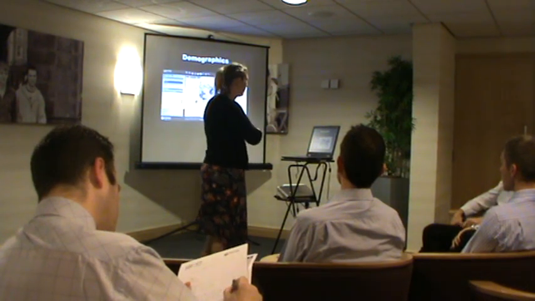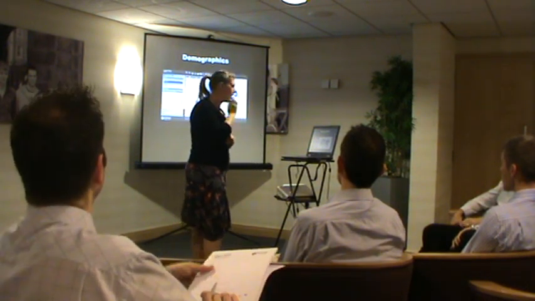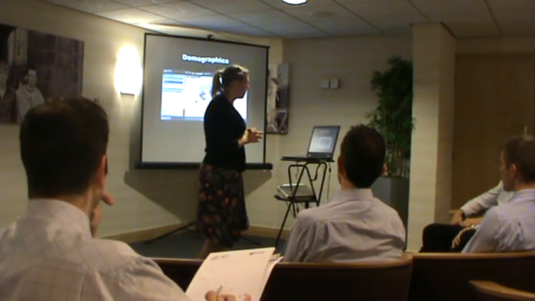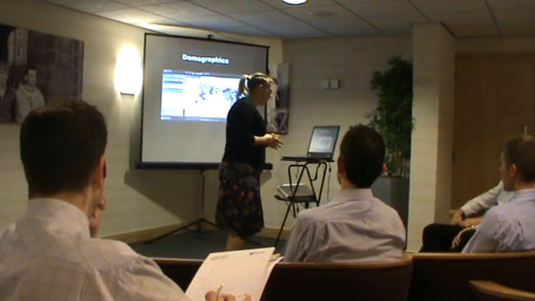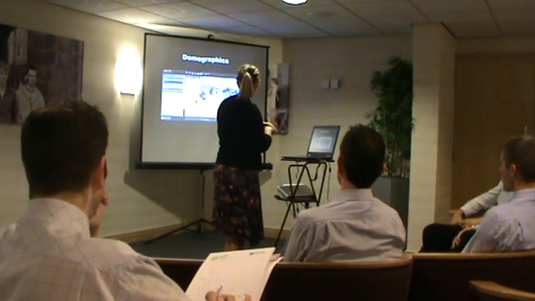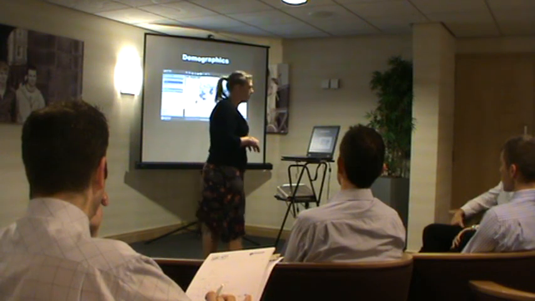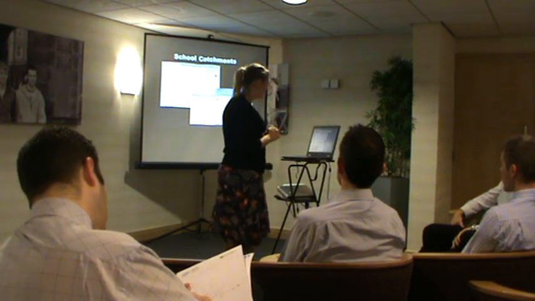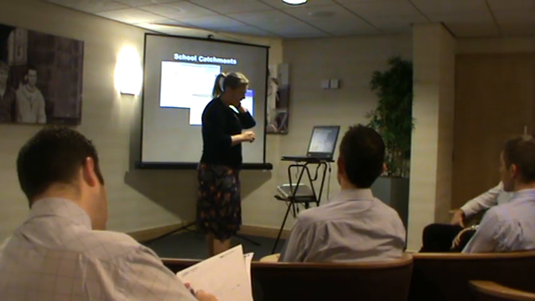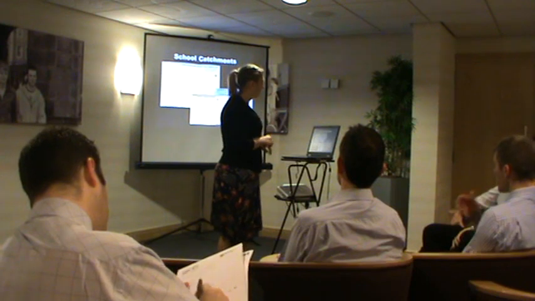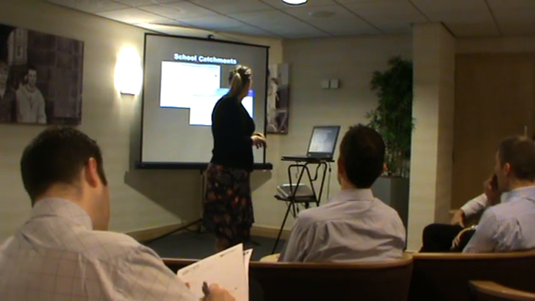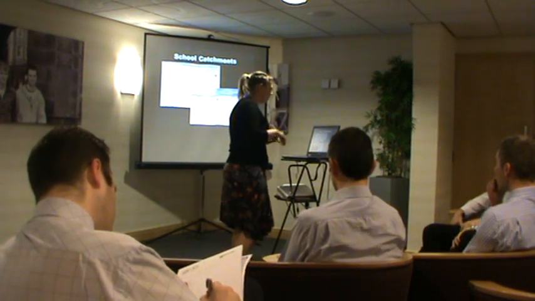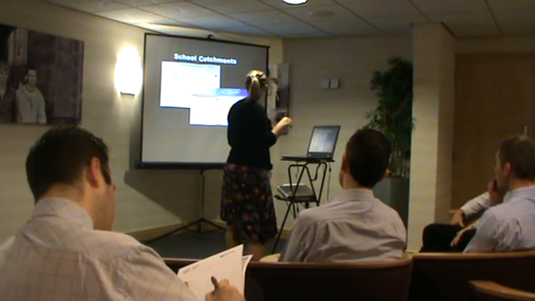Use it in demographics. This is again a site that I helped build at Gateshead, showing all the demographics of the area, and you can overlay different data sets on it to see the spread across Gateshead. School catchments, at the base of that will always be GIS, working out which schools kids can go to, whether a kid is allowed to go to a different school, whether they're in the boundary.